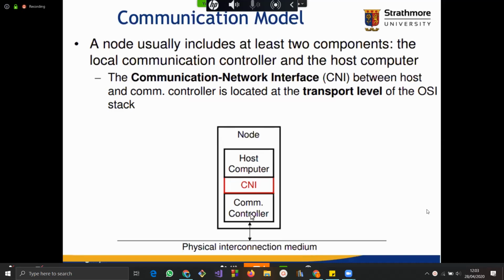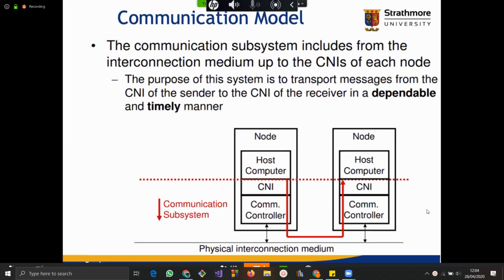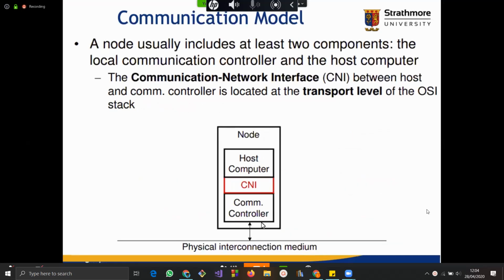The communication controller is the one that connects this node to the bus. It's sort of like a physical connection for the communication network interface to the bus, sort of like a firmware.